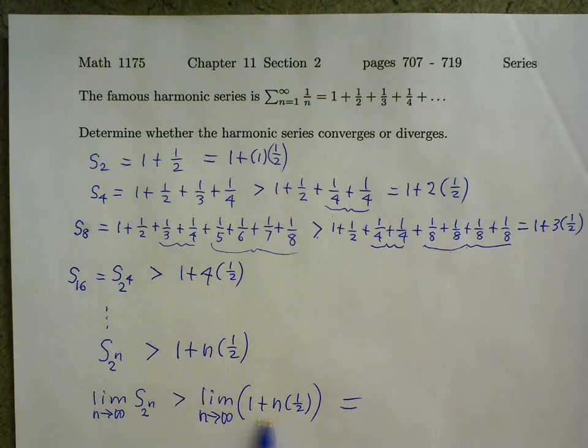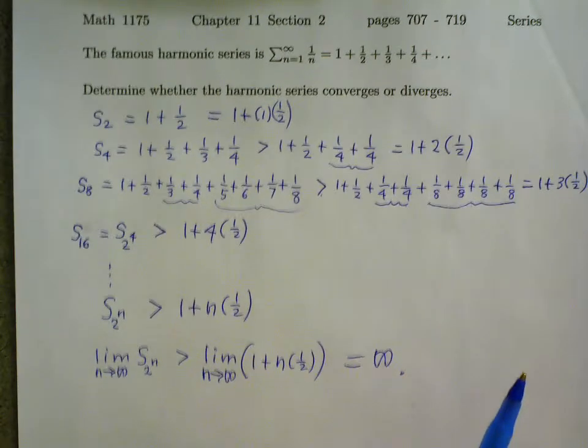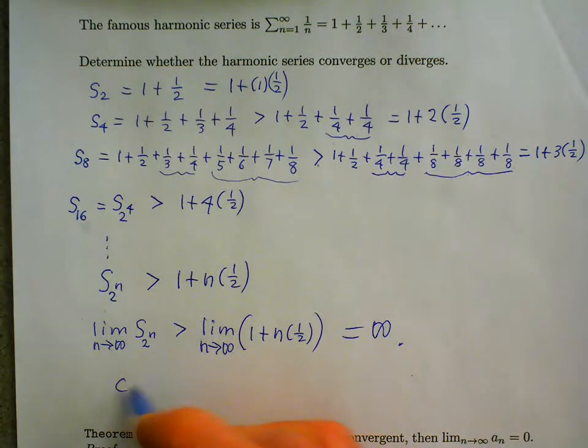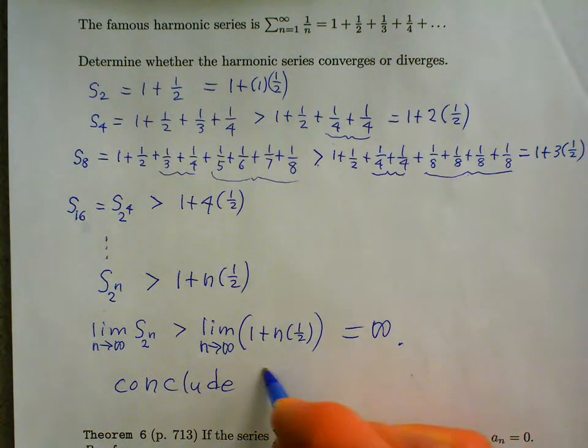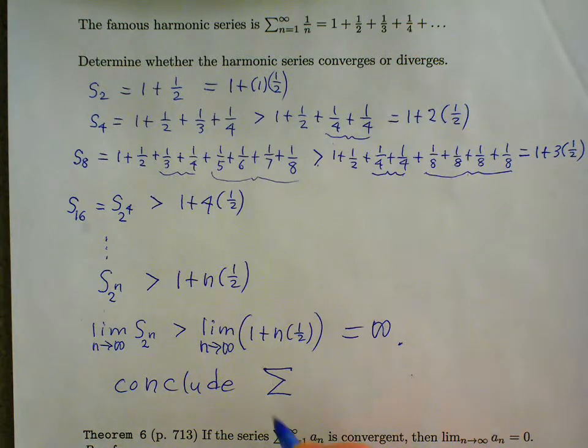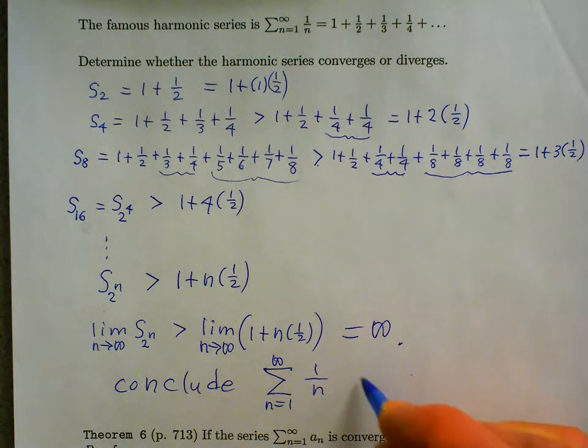But we know enough to know that the limit of 1 plus n times 1/2 as n goes to infinity is infinity, right? So this shows by comparison that the harmonic series is divergent. So we conclude that the harmonic series diverges.